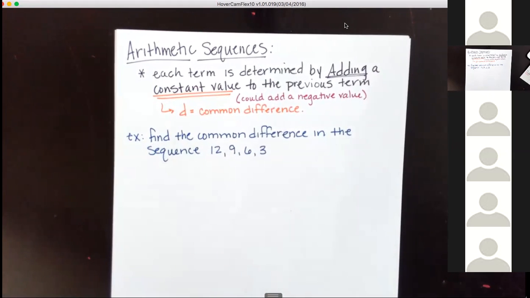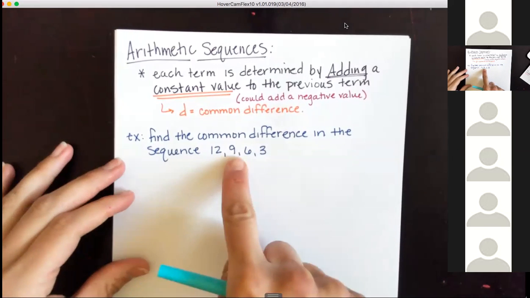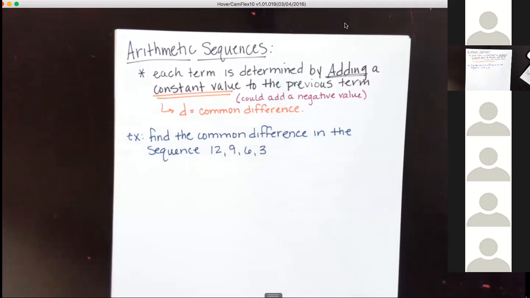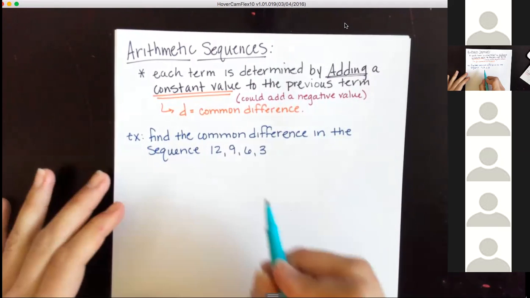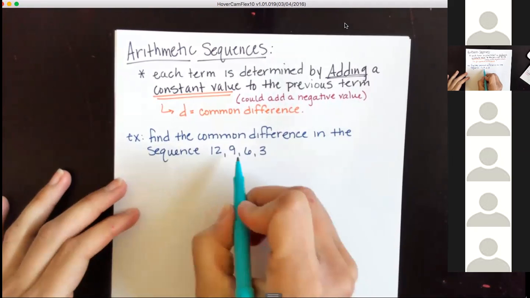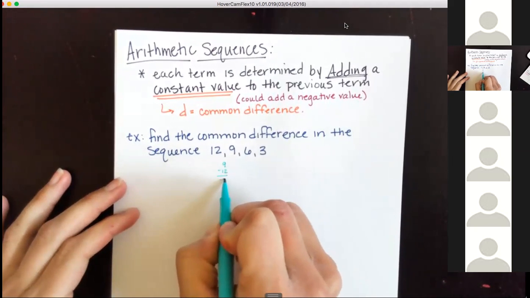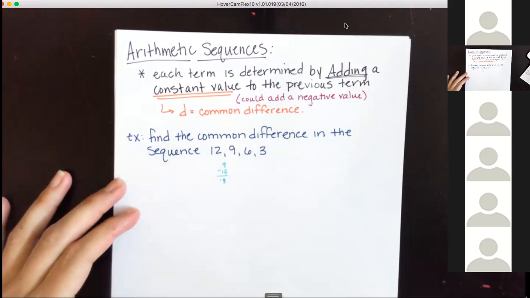Most of you have already beat me to this, so you can already see that what we've done is we've subtracted 3 each time. If it's not that obvious, which I've yet to find with arithmetic when I did all the practice problems, and I actually did a couple of them twice just to make sure there weren't any tricks that I was missing. One of the things that I find is if you took 9 minus 12, you would find that's a minus 3.